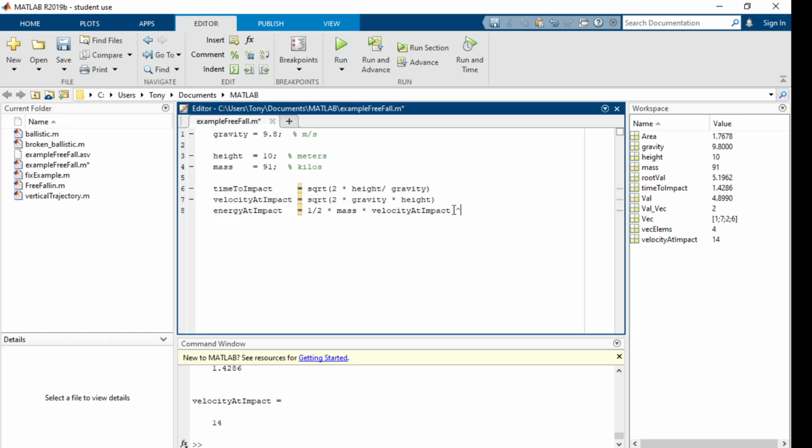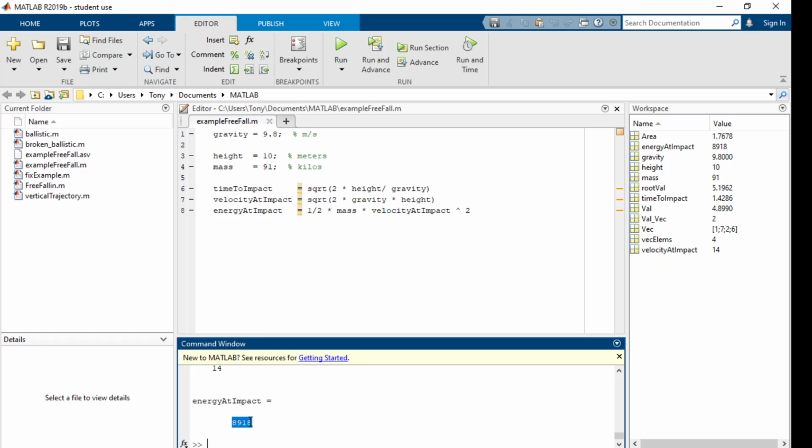And that is the caret character. That's what this little guy is called, Shift 6, at least on a standard keyboard, second power. And let's see what that energy is at impact. So 9,818, I think that's joules.